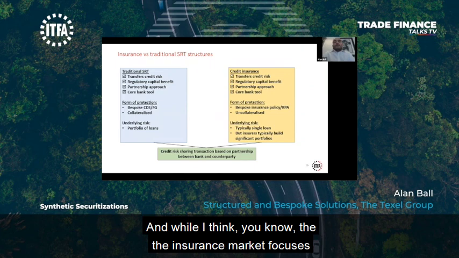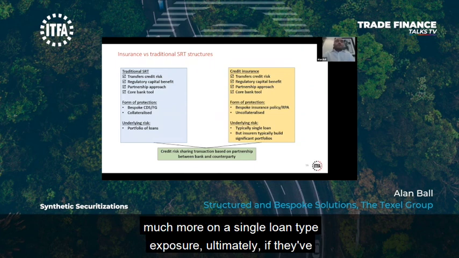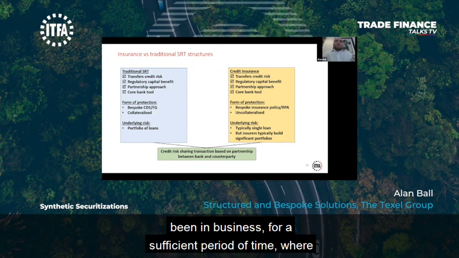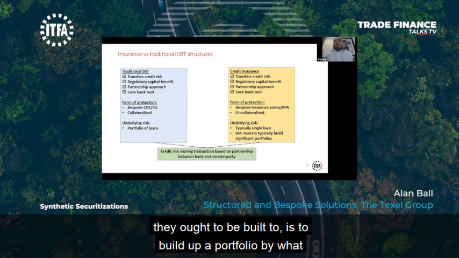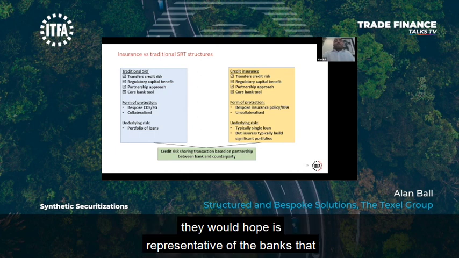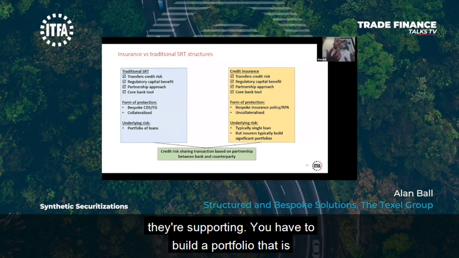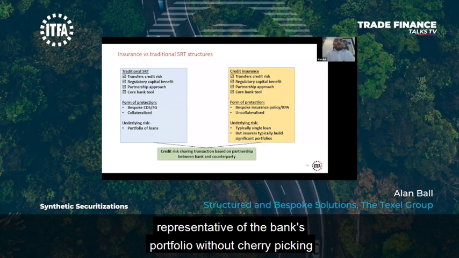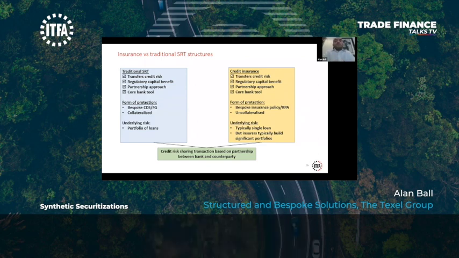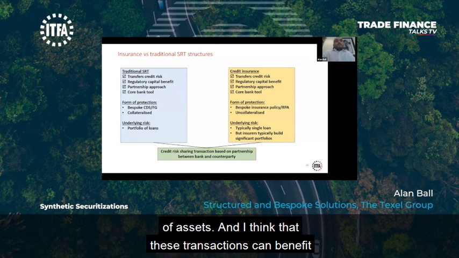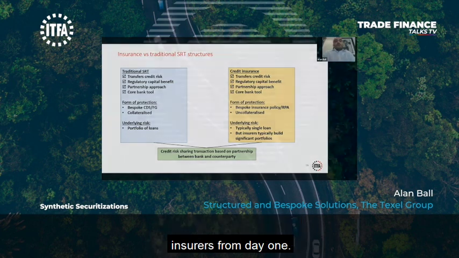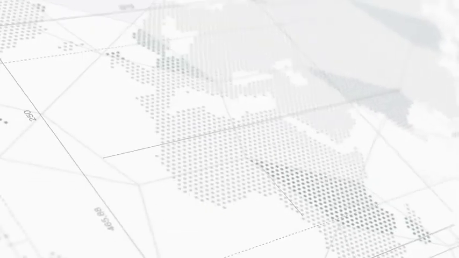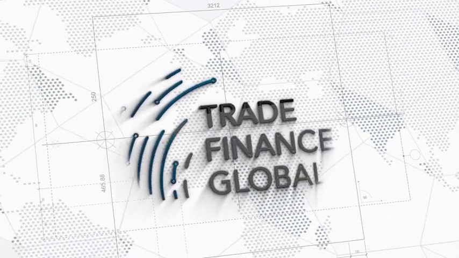And while I think the insurance market focuses much more on a single loan type exposure, ultimately, if they've been in business for a sufficient period of time, where they build to is a portfolio that they would hope is representative of the banks that they're supporting. They would have to build a portfolio that is representative of the bank's portfolio without cherry picking of assets. And I think that's a position that these transactions can put insurers in from day one.